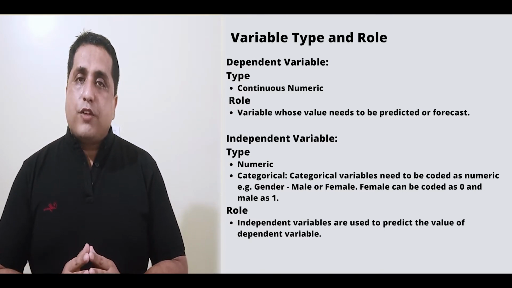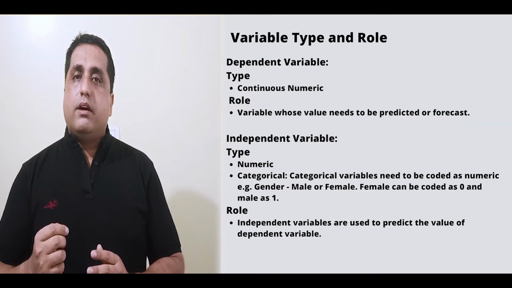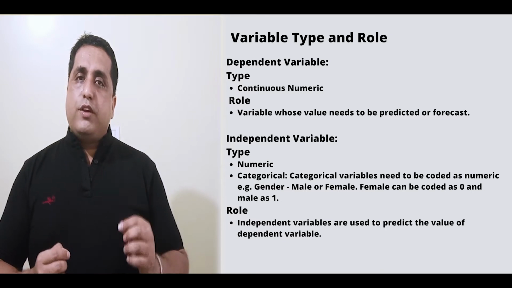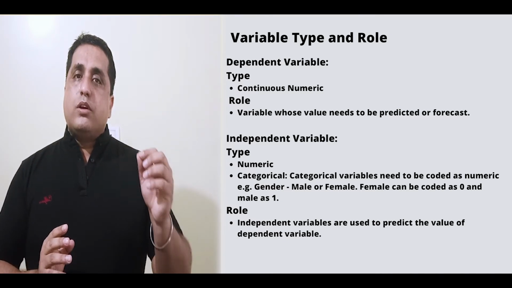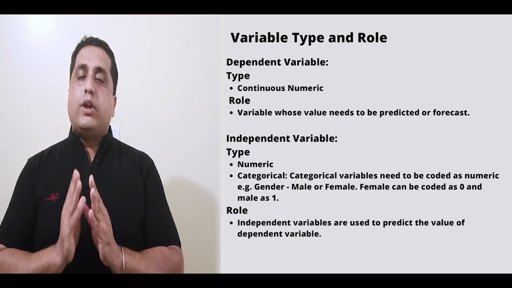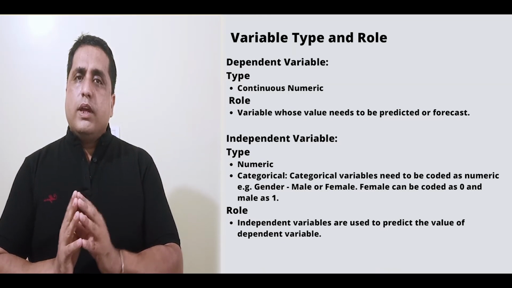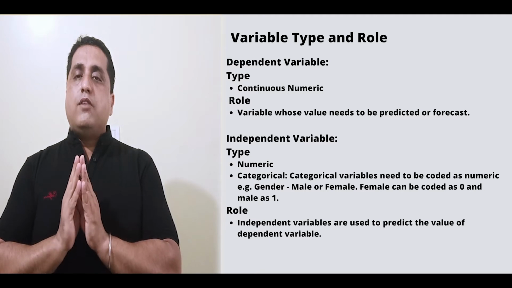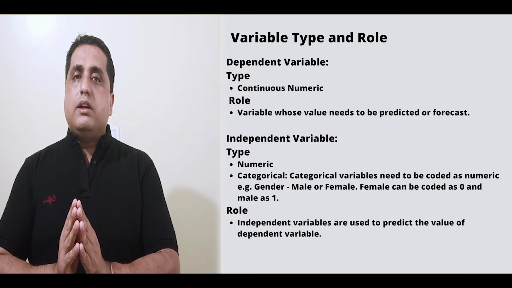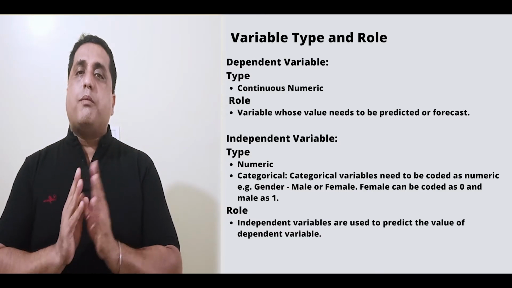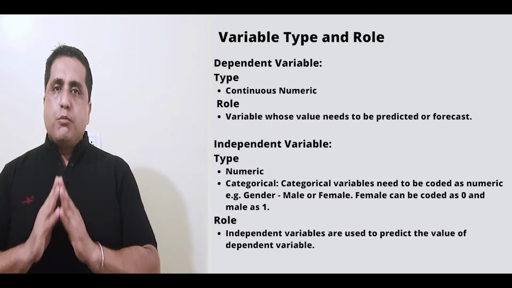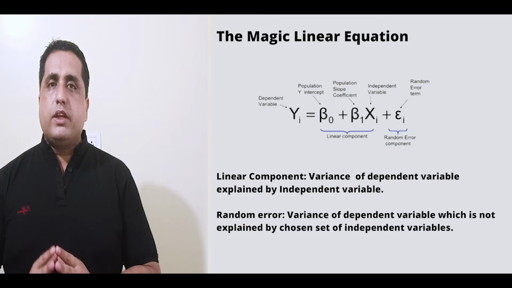For example, if one of the variables is gender, male or female, then female can be coded as 0 and male can be coded as 1. In a nutshell, you can say that while we build a regression model, the independent variables should also be numeric in nature.